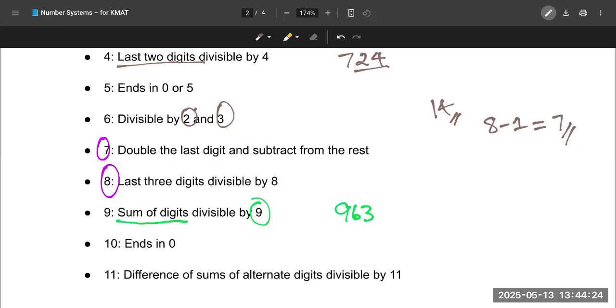You should either get 7, or a number divisible by 7, or it should be 0. The number 105 is divisible by 7 because 10 minus 10 is 0.